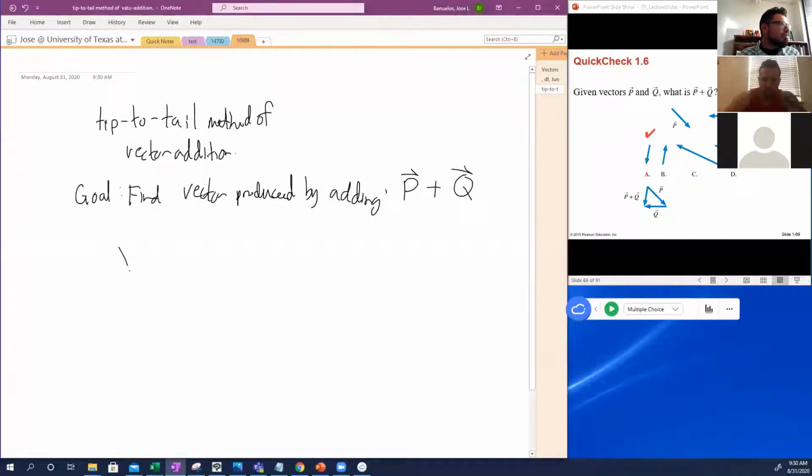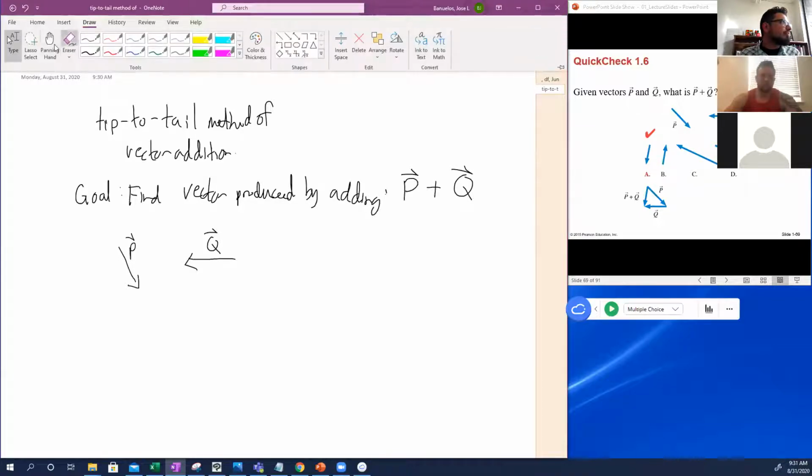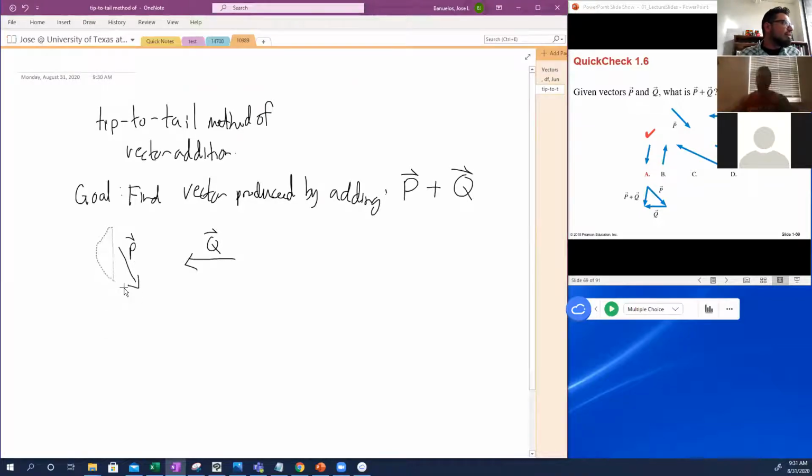And so they told us P is a vector that looks like that. They told us Q is a vector that looks like this. And so in this technique of tip to tail method, we can take vector P, and it's basically like a copy and paste kind of thing, where you take it and drag it over somewhere else, where we're going to do the calculation.